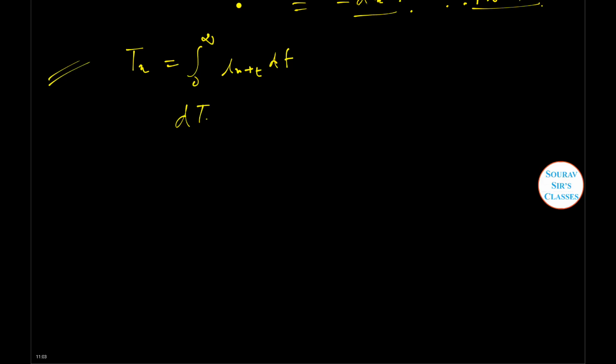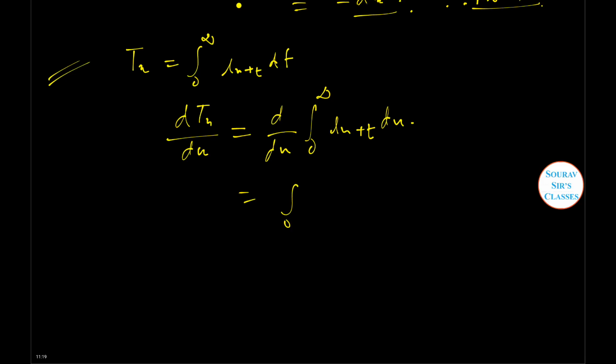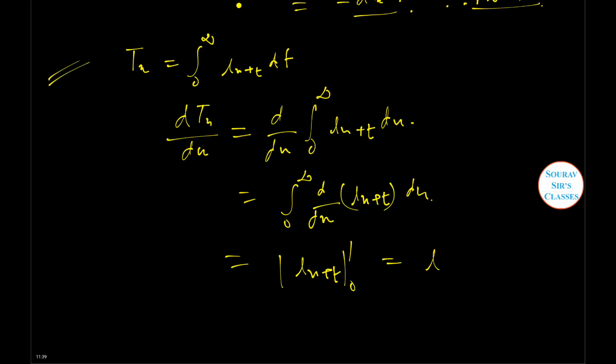Now we know that dTx by dx is equal to the derivative of integral with limits 0 to infinity lx plus t dt, which is equal to integral 0 to infinity d/dx of lx plus t dt, which is finally equal to lx plus t with limits from 0 to infinity, which is L infinity minus Lx, which is equal to negative of Lx.